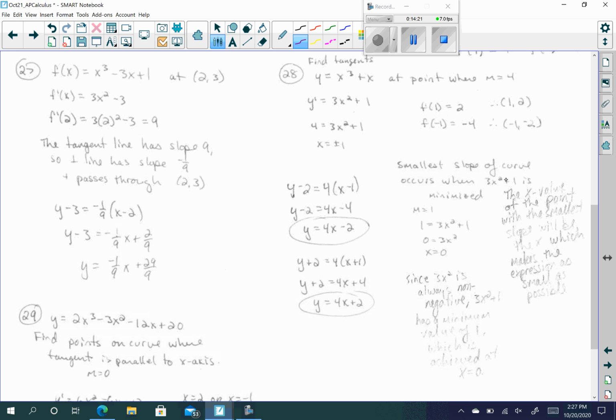So it occurs when the 3x squared plus 1 is minimized. What I have written here is that the x value of the point with the smallest slope will be the x which makes the expression as small as possible. And over here, since 3x squared is always non-negative, 3x squared plus 1 has a minimum value of 1, which is achieved at x equals 0.